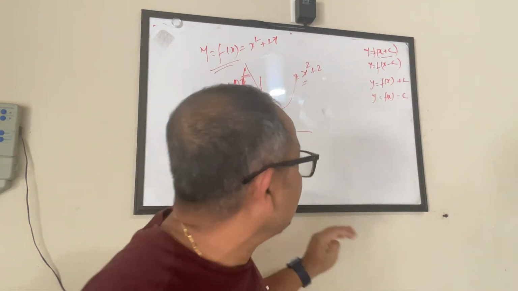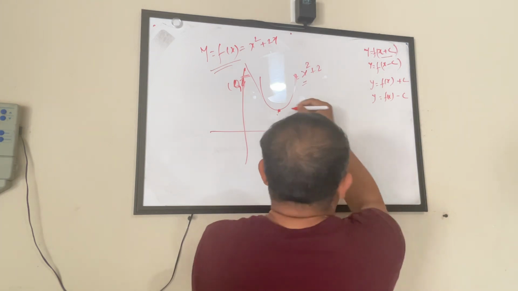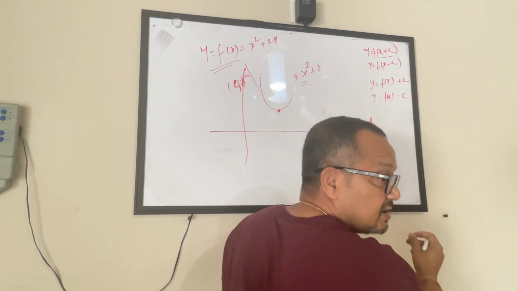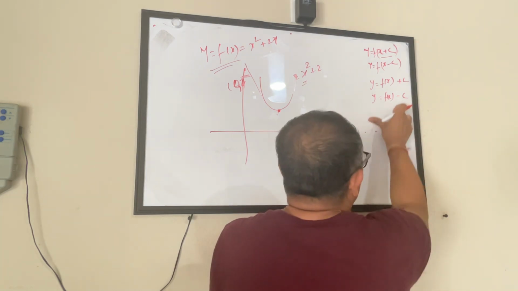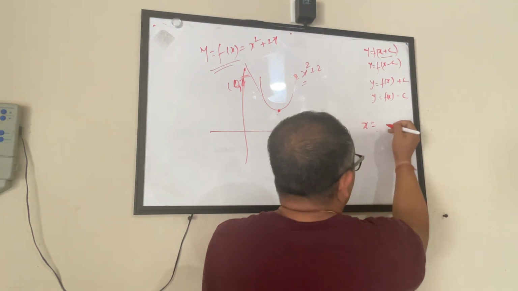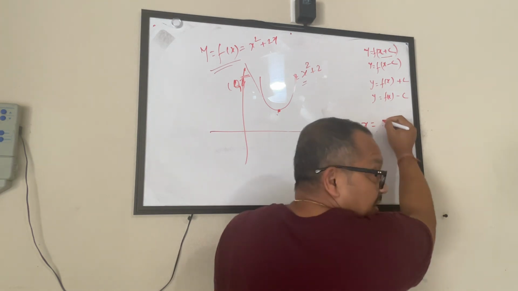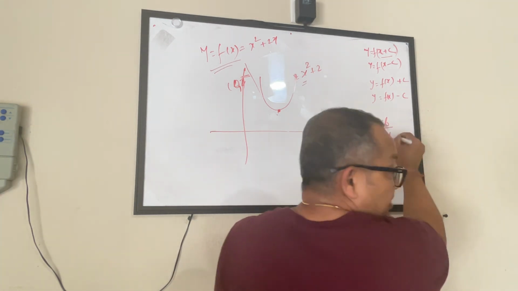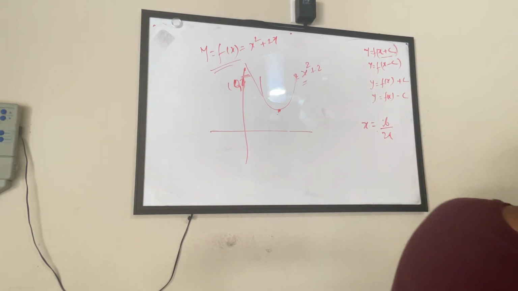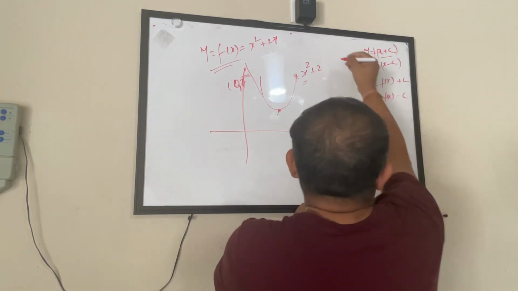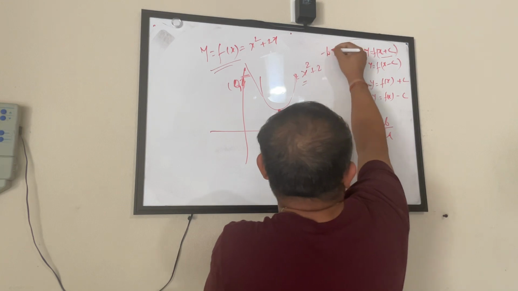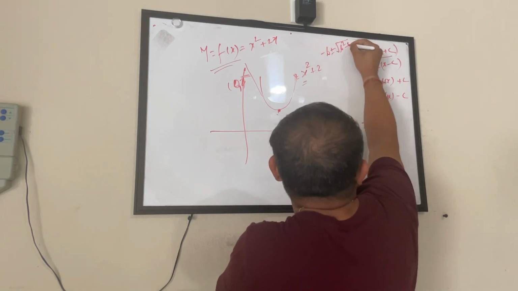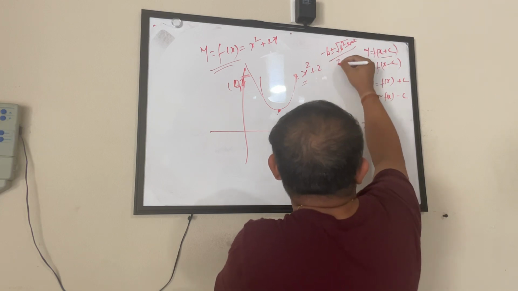Pranath is giving a formula that the x coordinate of the vertex will be minus b over 2a. Yes, this aligns with the formula, minus b plus or minus the square root of b squared minus 4ac by 2a.